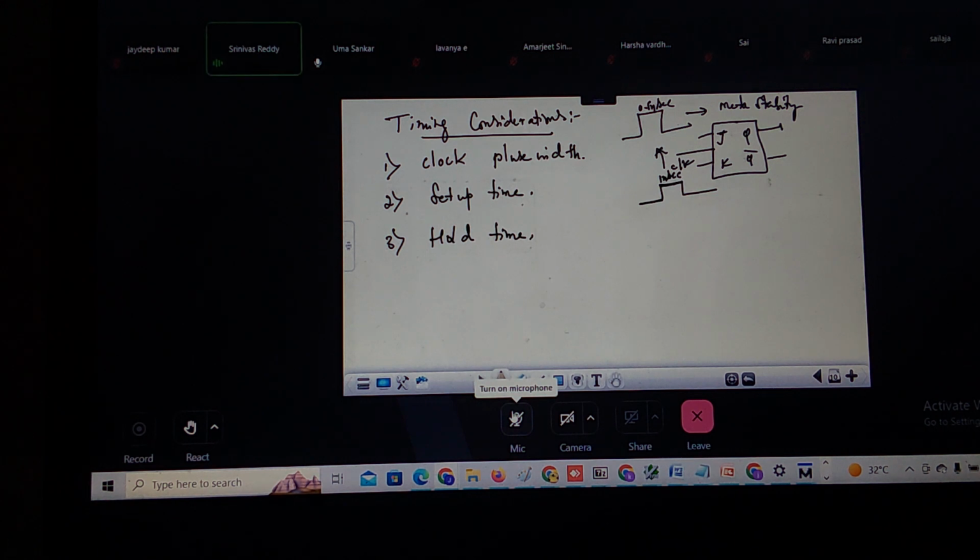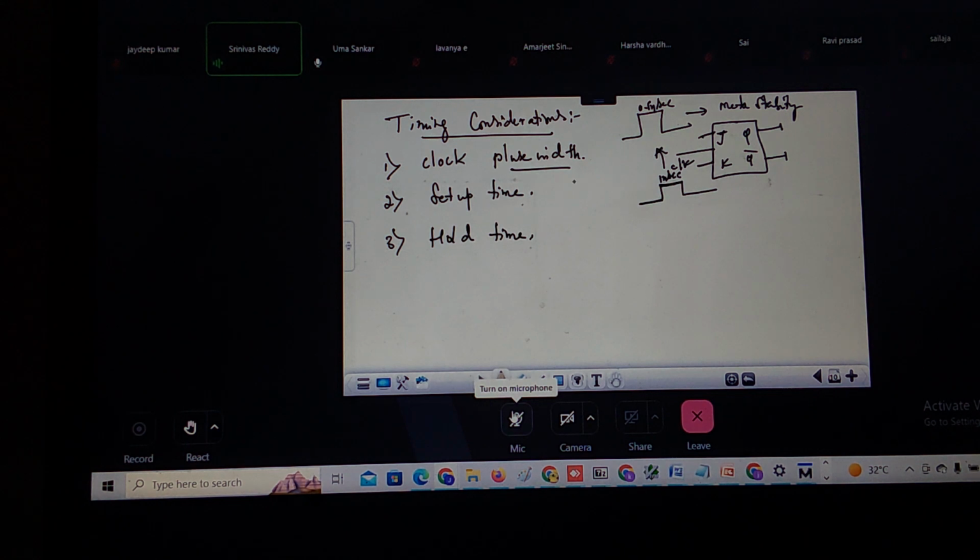Metastability problem means unpredictable behavior of the Q and Q bar, for whatever pair of inputs you are applying. That state we call the metastability state. So when you are working with the flip-flop, you should ensure the minimum clock pulse width you should maintain. If you fail to do that, your flip-flop leads to the metastability.